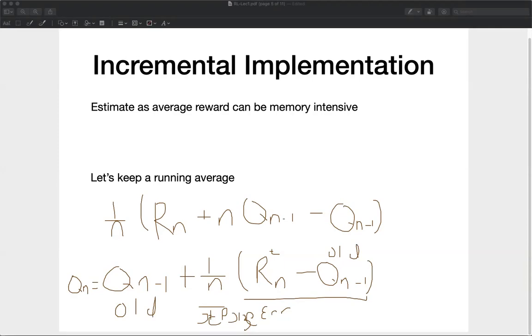Okay, so can anyone tell me how Q of n is changing with respect to the error? In other words, how much do errors contribute to Q of n early on versus later on?